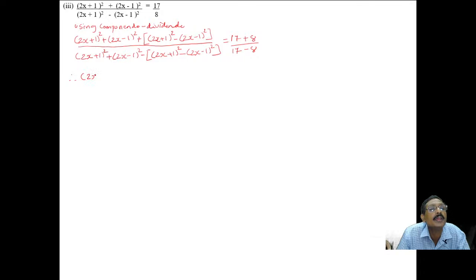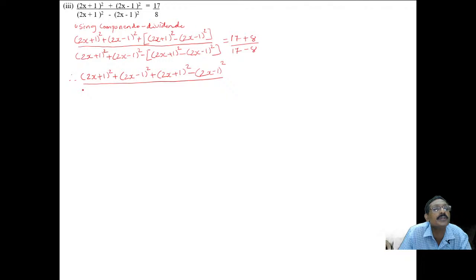Therefore, (2x plus 1) square plus (2x minus 1) square plus (2x plus 1) square. Plus into minus, see here I've got plus, here I've got minus. Plus into minus gives me how much? It gives me minus (2x minus 1) square. Okay.